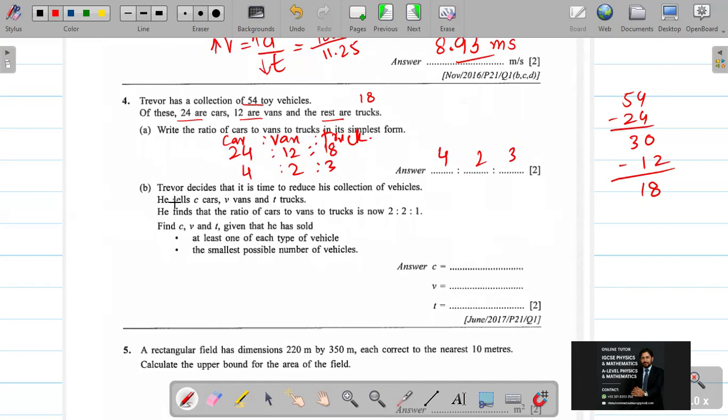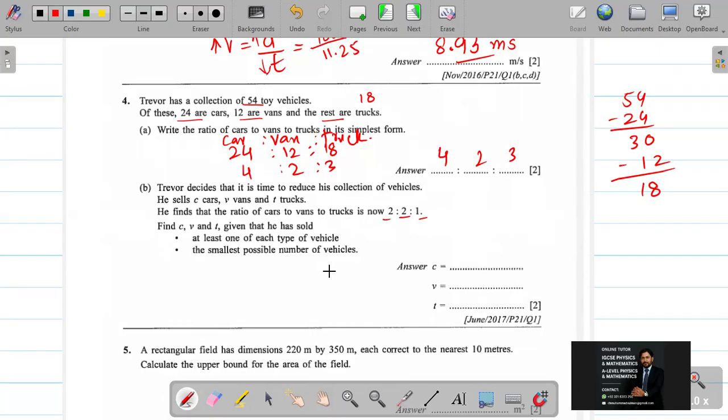Given that the driver decides that it is time to reduce the collection of vehicles. He sells C cars, V vans, and T trucks. He finds the ratio of the cars, vans, and trucks is now 2 to 1.